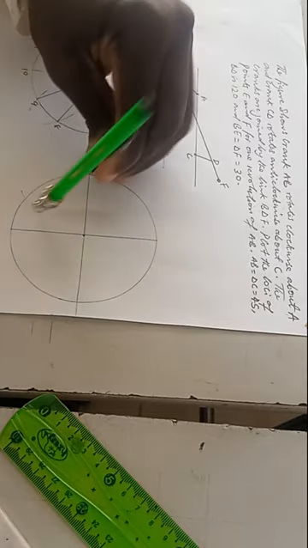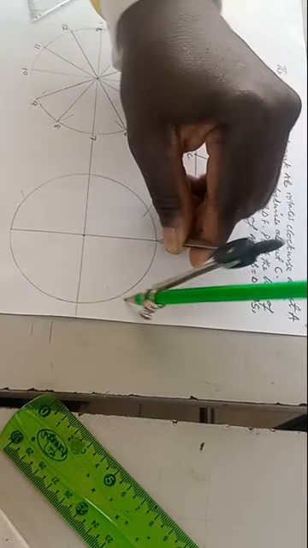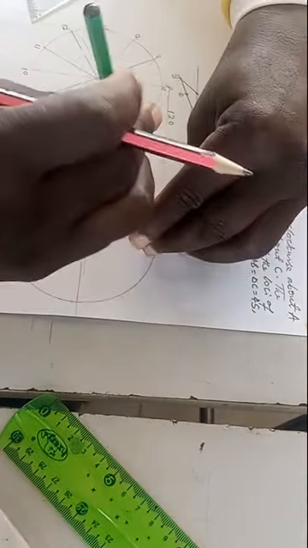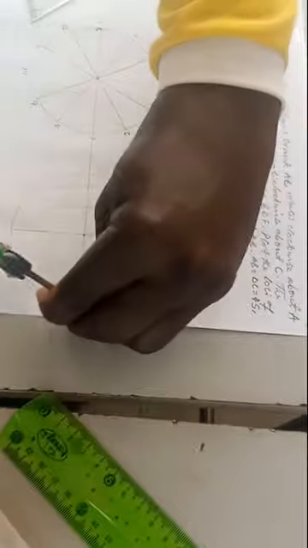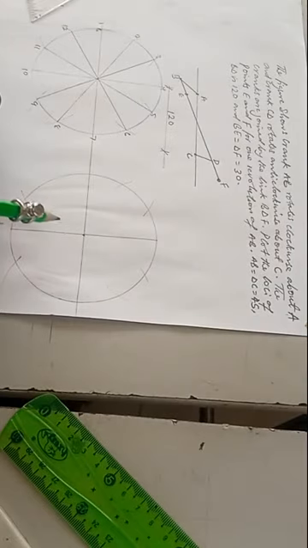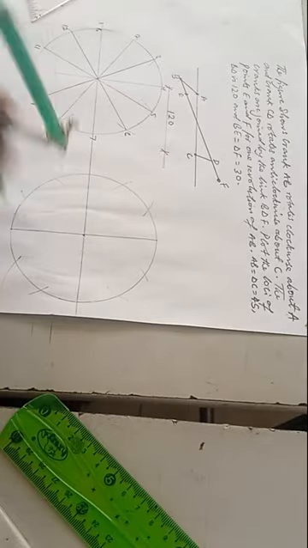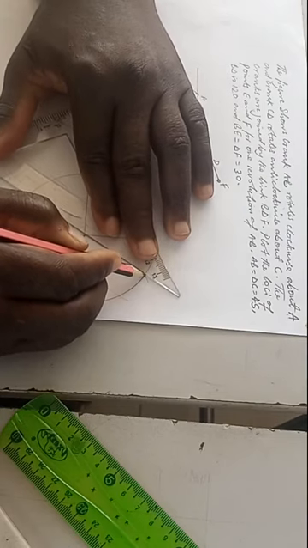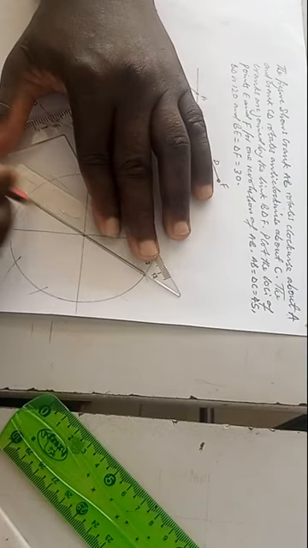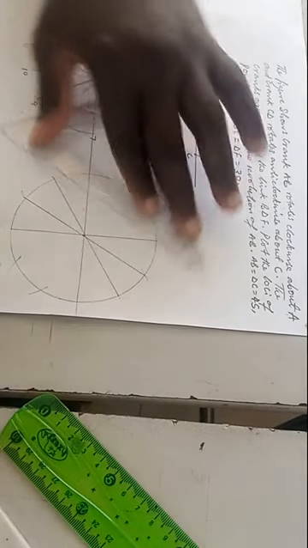We mark arcs below and above, right and left. Stay on this one too, below and above, and you come here, right and left. So we join it like this, dividing it into 12 equal parts. That's what we are doing now.